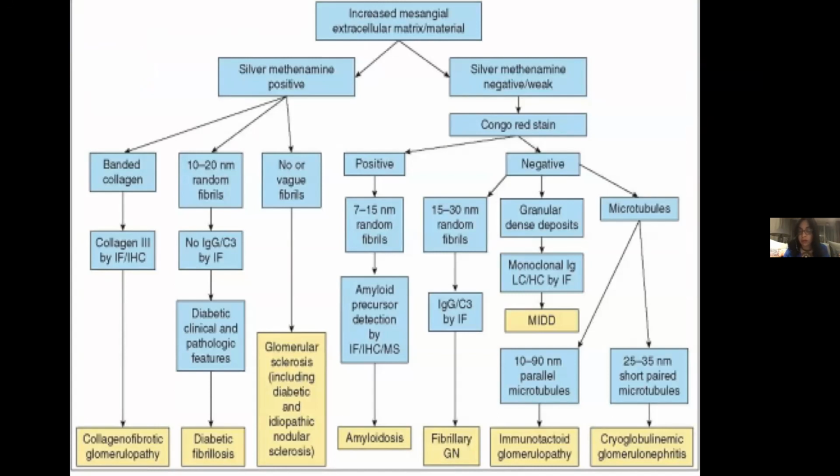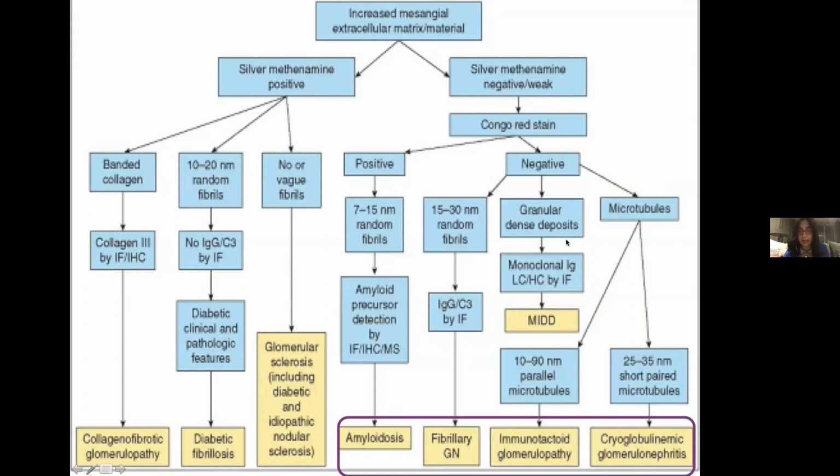If it's immune globulin derived, then we are looking at amyloidosis, fibrillary GN, immunotactoid glomerulopathy, or cryoglobulinemic glomerulonephritis. We know amyloidosis is going to be Congo red positive, and all the rest is going to be Congo red negative, including, of course, MIDD, which is also IG derived.